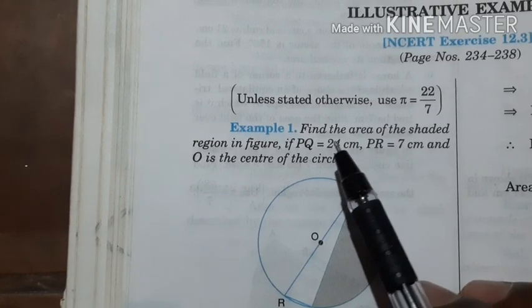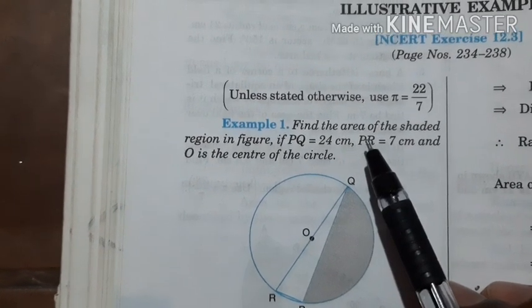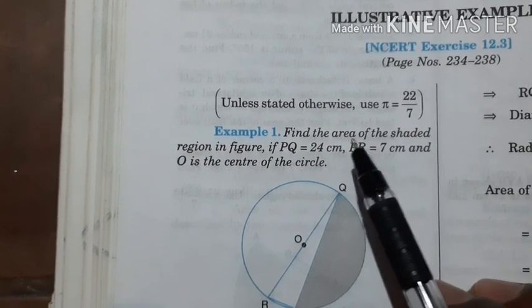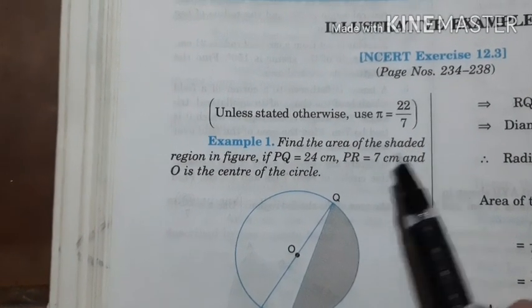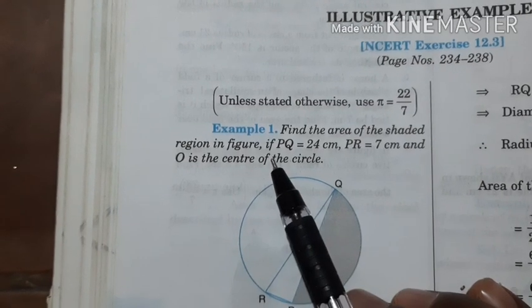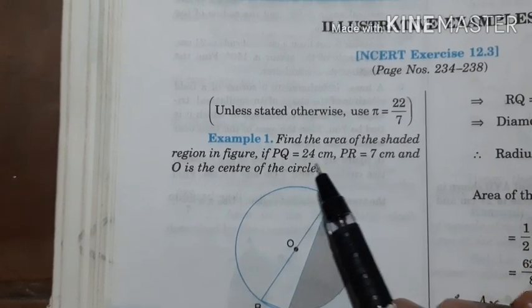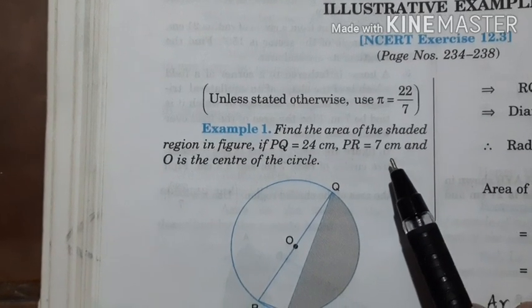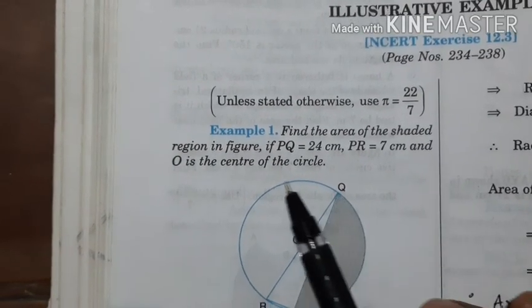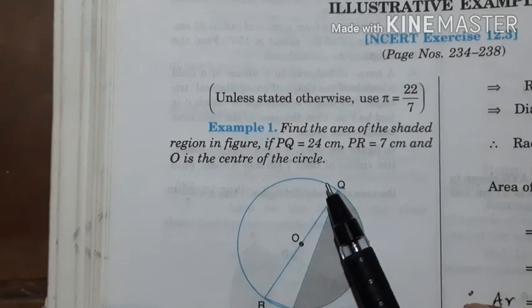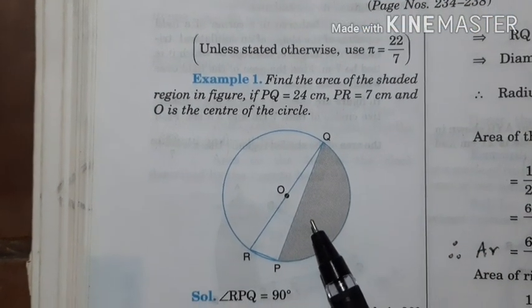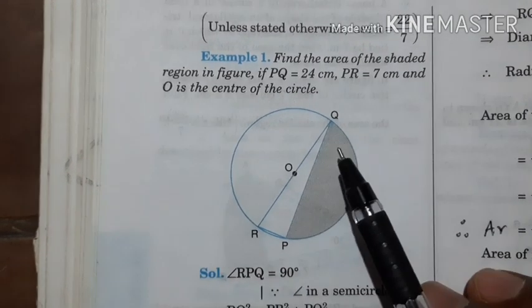Look at example number 1. The example reads, find the area of the shaded region in the figure if PQ is equal to 24 centimeter and PR is equal to 7 centimeter and O is the center of the circle. Let us analyze the figure here.